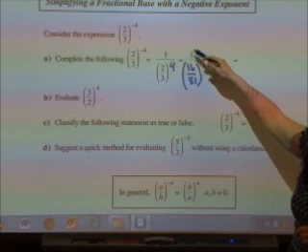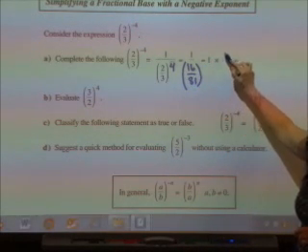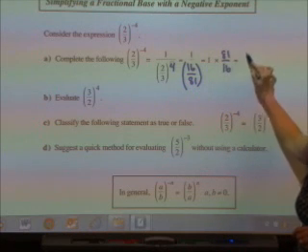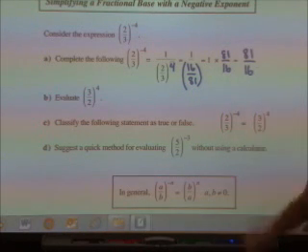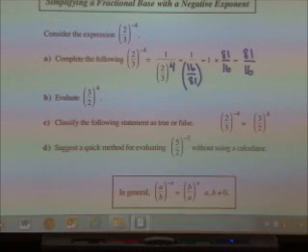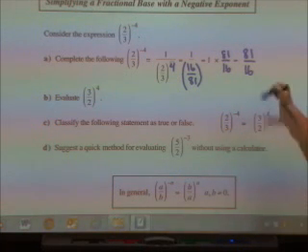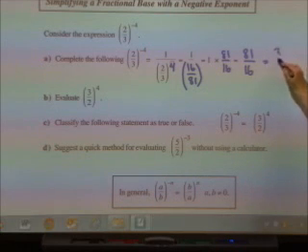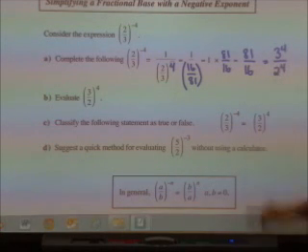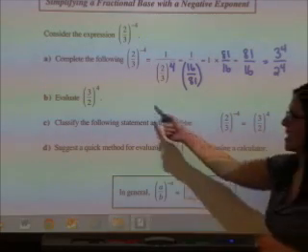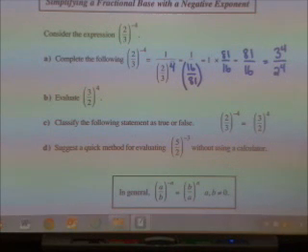So if I take this as 1 divided by this fraction, it would be multiplying by the reciprocal of that fraction. And I would get 81 over 16, which is the same as 3 to the power of 4 over 2 to the power of 4, which is actually what part B is. So is this statement, 2/3 to the power of negative 4 equal to 3/2 to the power of 4, true? Yeah, this is true.